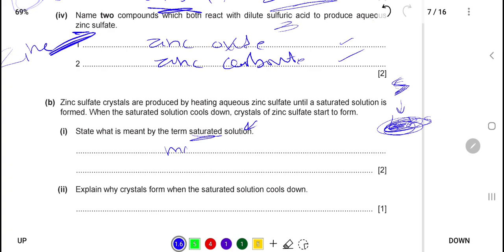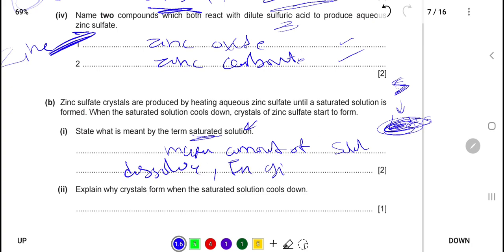So what you will write is the maximum amount of solute dissolved, which means that no more can dissolve, at a given temperature. This will give you the second mark.